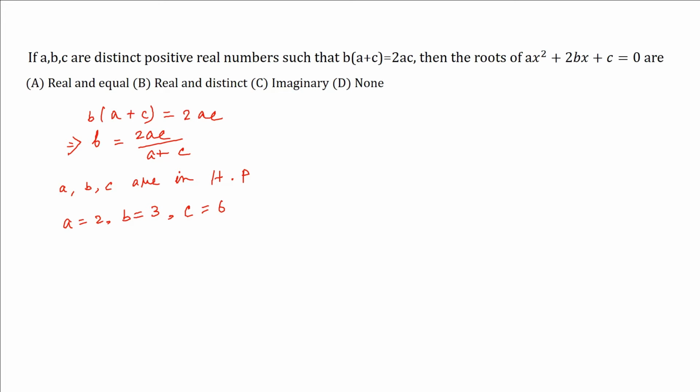Because if we take these values, that is a equal to 2, b equal to 3 and c equal to 6, a, b, c are in HP. You can check this with the rules of HP, that is, if a, b, c are in HP, 1 by a, 1 by b, 1 by c are in AP. You can check this.